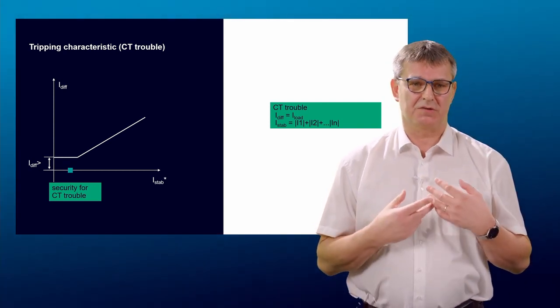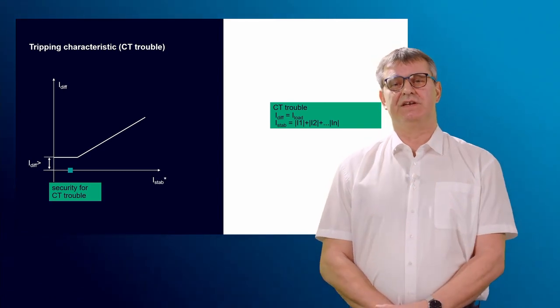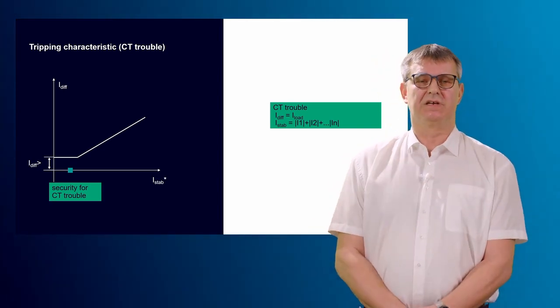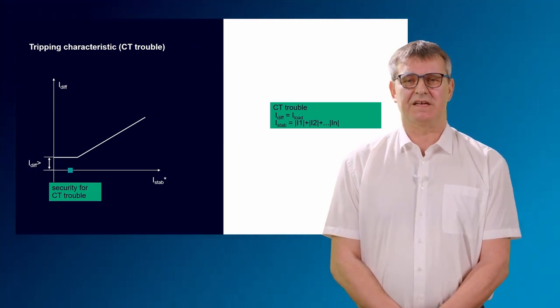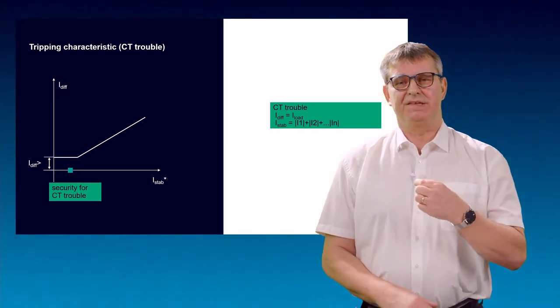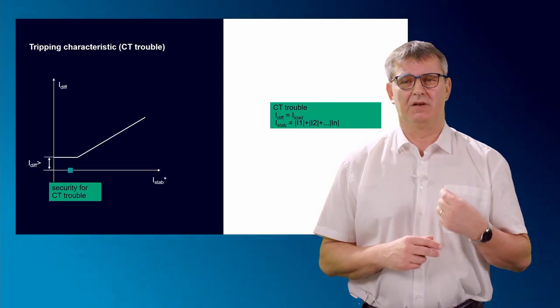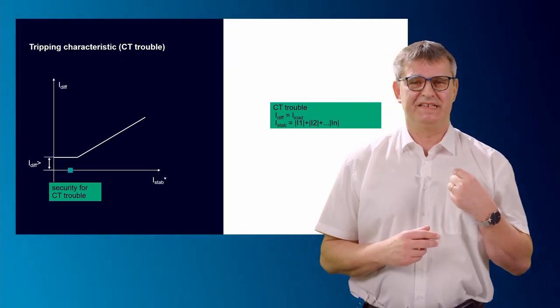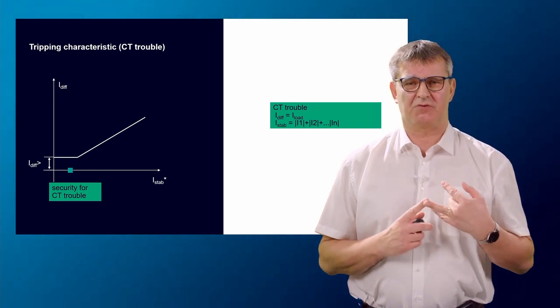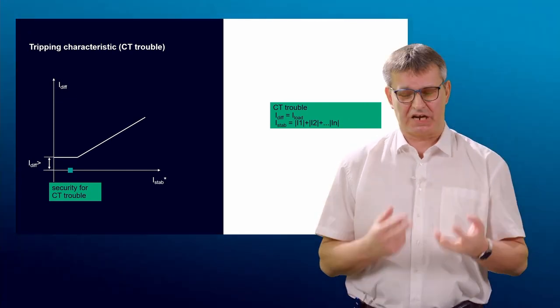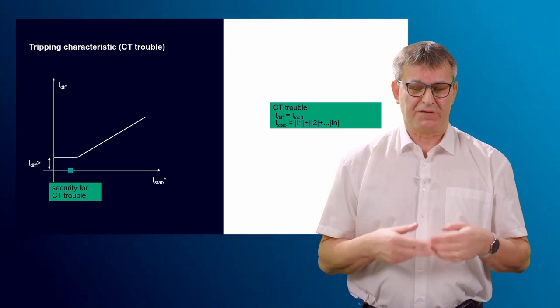It doesn't matter, because enough differential current in one phase is enough to trip the whole system. And here, the loss of one CT will cause a differential current equal to the load current of the CT we lost.